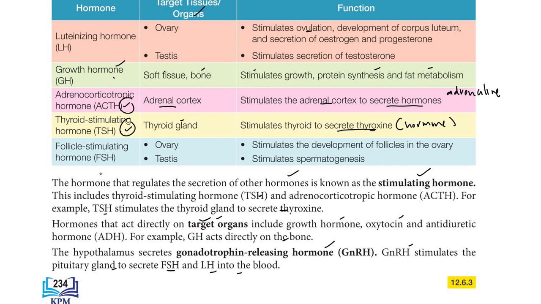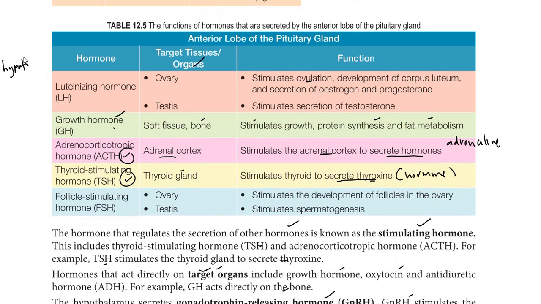So when you reach puberty, what happens? The hypothalamus is above the pituitary gland, right? It will secrete GnRH, and then this GnRH will act on the anterior lobe of the pituitary gland, stimulating it to secrete LH and FSH.